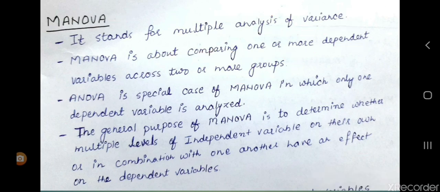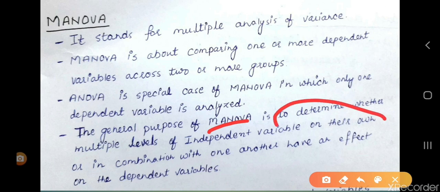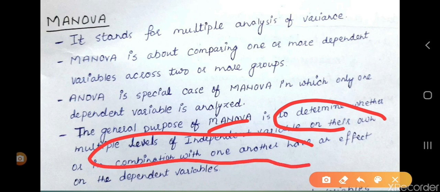The general purpose of MANOVA is to determine whether the multiple levels of independent variables have an effect on their own or in combination on the dependent variables.